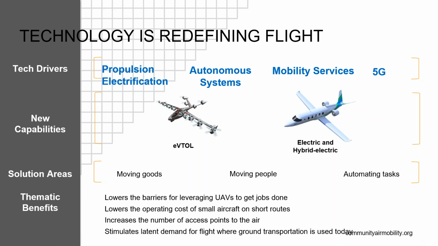And in aviation, we see the development of electric and hybrid fixed wings, as well as eVTOLs, electric vertical takeoff and landing aircraft. These aircraft are able to help us move people, move goods, and automate tasks. And through that, what we see is that the lowered cost of maintaining and operating these aircraft open up short routes. They increase the number of access points we have. They stimulate demand for air travel where ground travel is being used today.